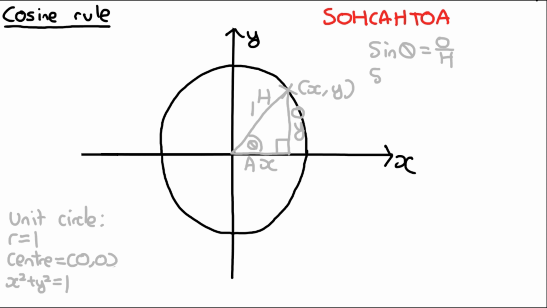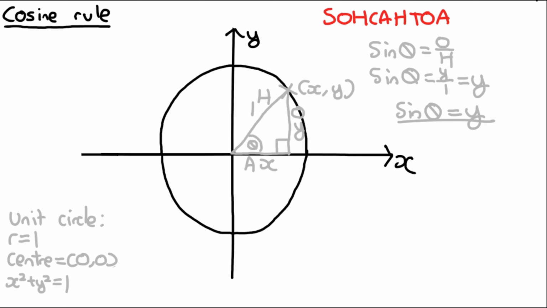Therefore, it's sine theta, it's still theta as we don't know what theta is, equal to the opposite, which here is y, over the hypotenuse, which here is 1. And therefore it's y over 1, so it's just going to be y. So sin of theta is going to be equal to y.